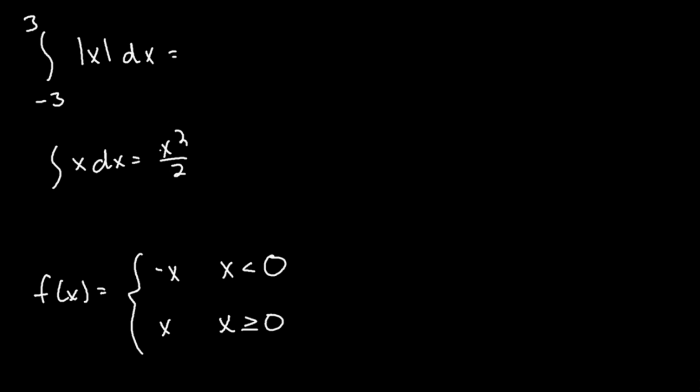Now, if you want to solve for the integral from negative 3 to 3 of the absolute value of x, you can either just plug in 3 and then multiply by 2 since the function is symmetric, or you can solve for the integral from 0 to 3 for x, and then also solve the integral from negative 3 to 0 for negative x.